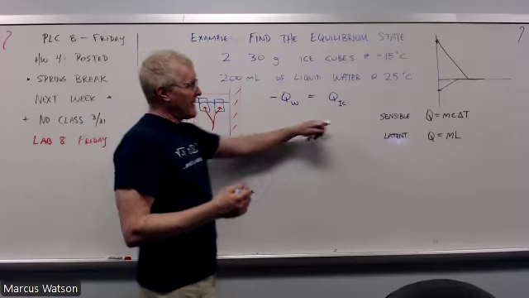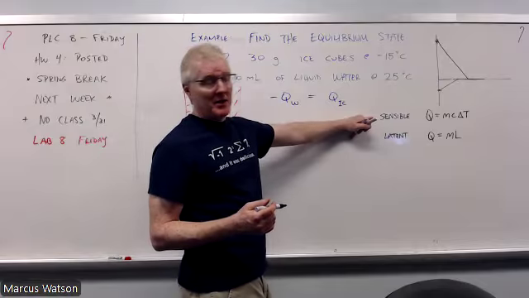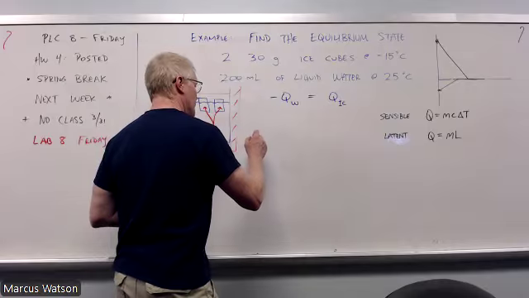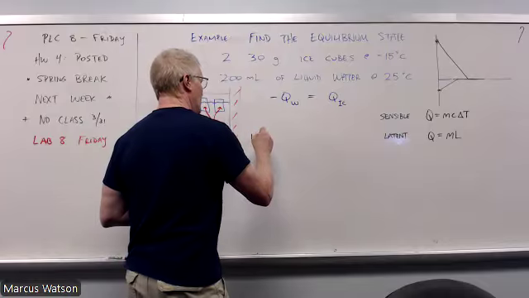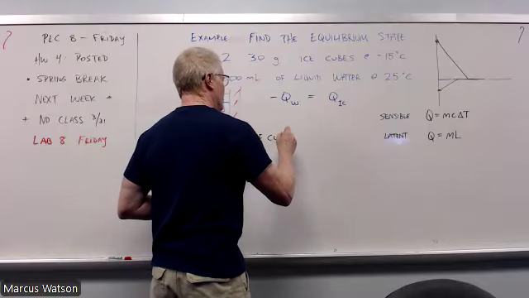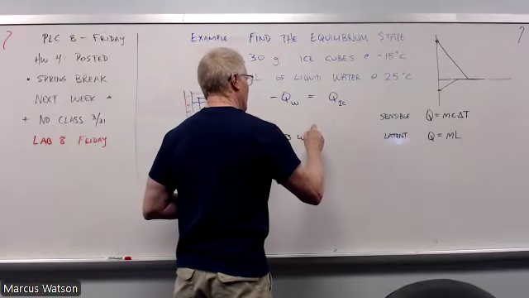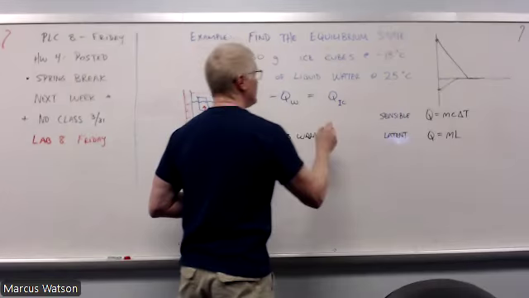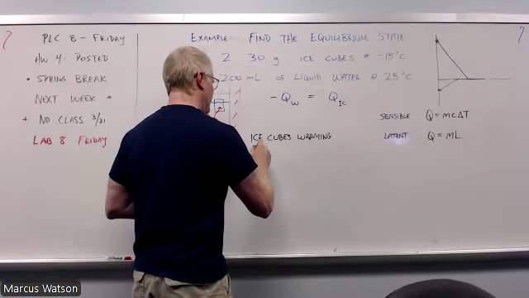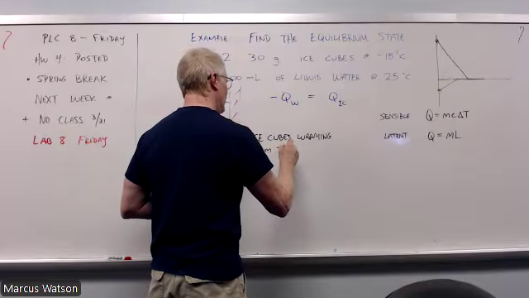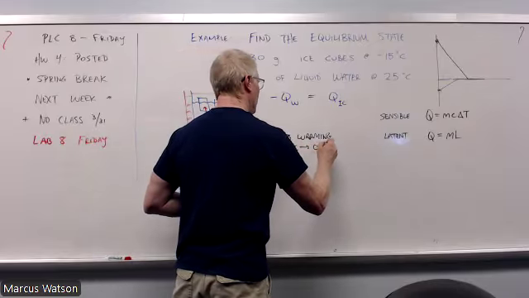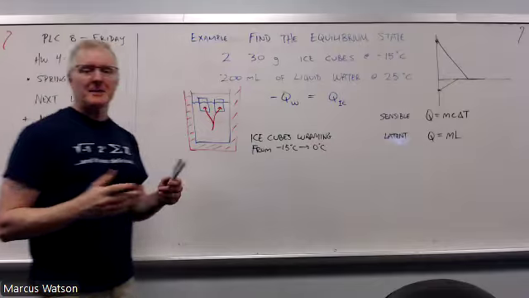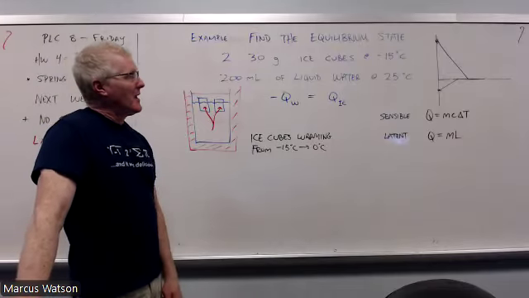We could calculate that. That would be a straightforward sensible heat calculation. So this would be the ice cubes warming from minus 15 to 0. How much heat does this take?